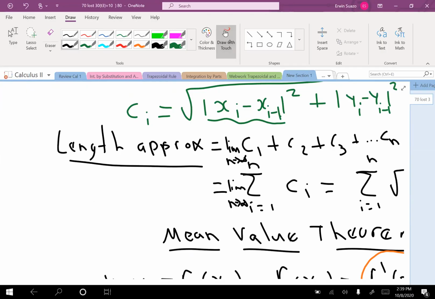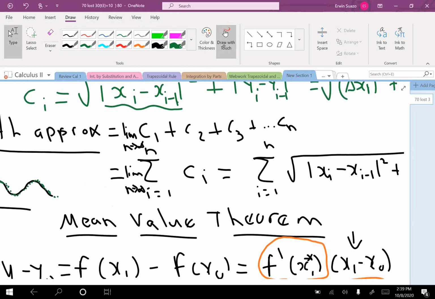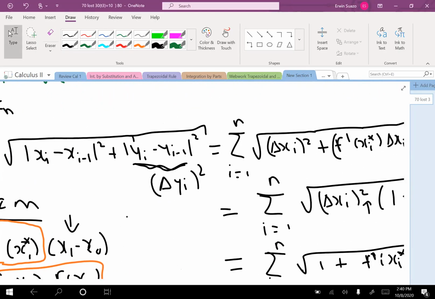That means your approximation is going to be little rectangles, so it's really close to the length that you need. But when you take the limit, it's exactly the length that you need. So this is the limit as n goes to infinity, and the limit everywhere.